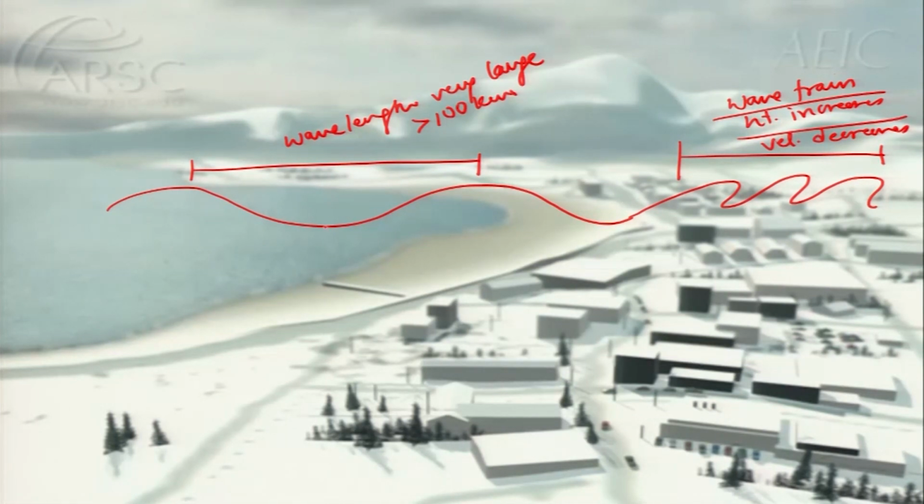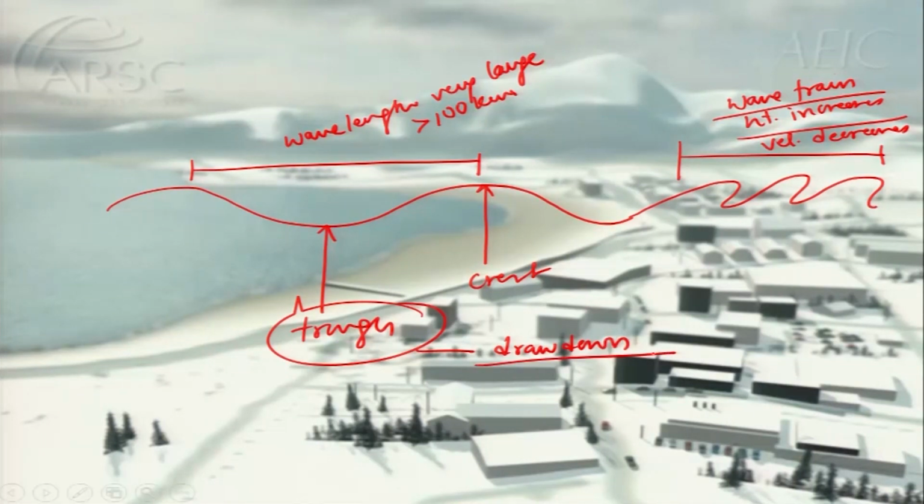And this portion that you see is the trough, and this is your crest. So when the trough part comes first, it will result in what we call the drawdown.